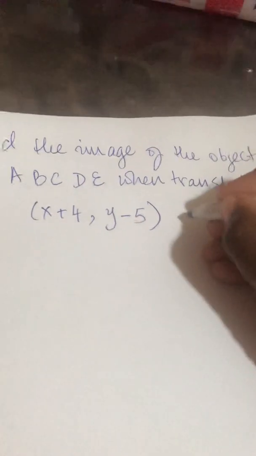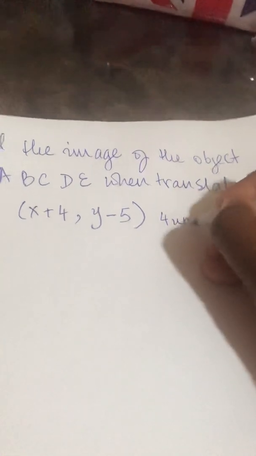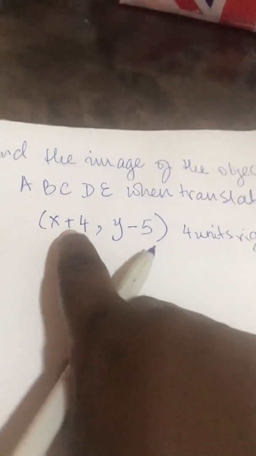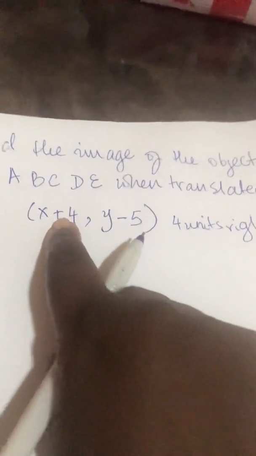Okay, 4 units right, because that's the number with X, and since it is positive, it is right.